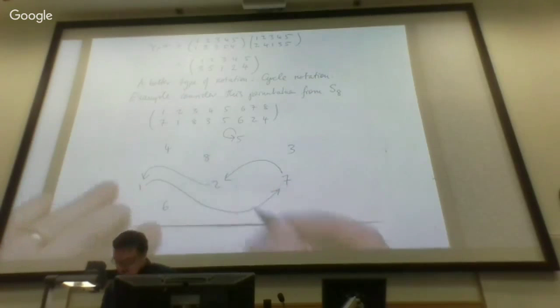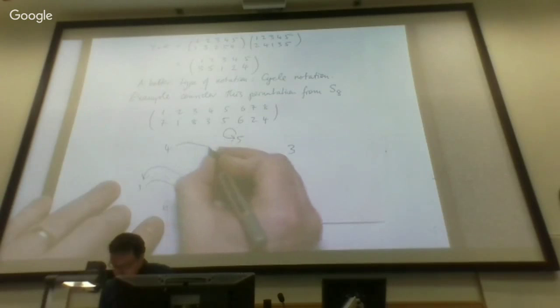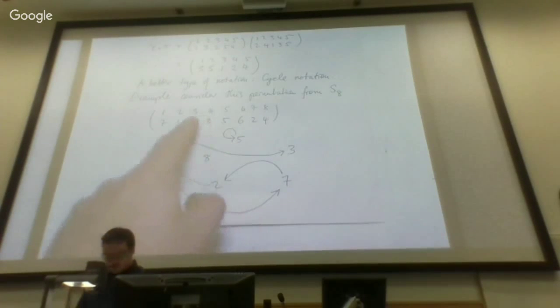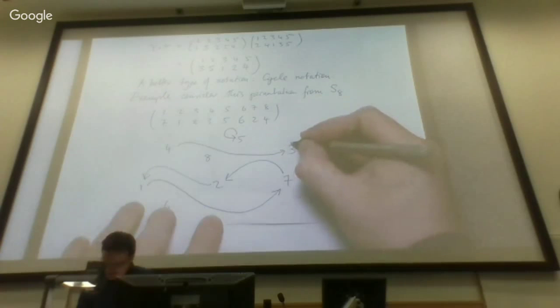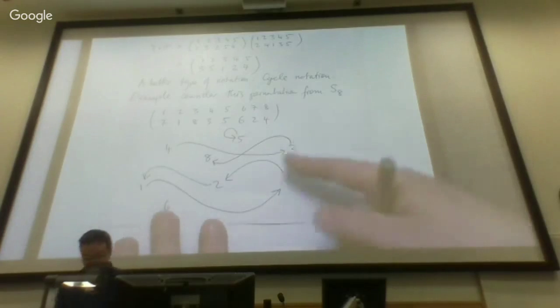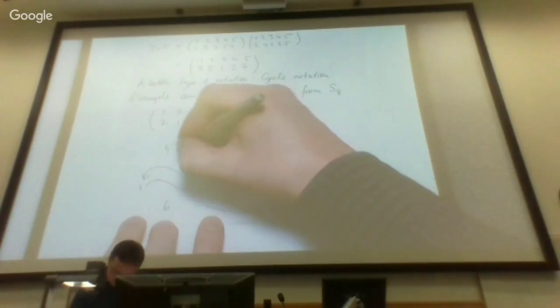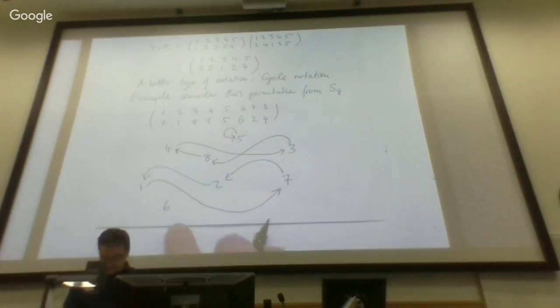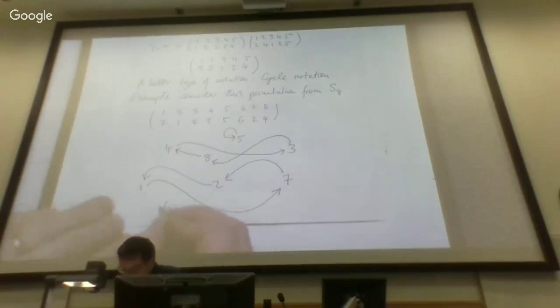Somewhere else, 4. 4 goes to 3. Where does 3 go? 3 goes to 8. Where does 8 go? 8 goes to 4. 6 is out here on its own again. 6 goes to 6.